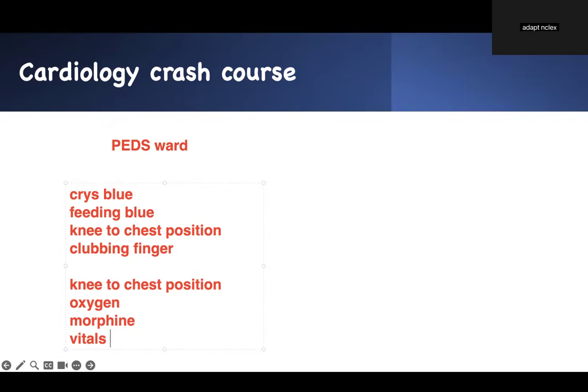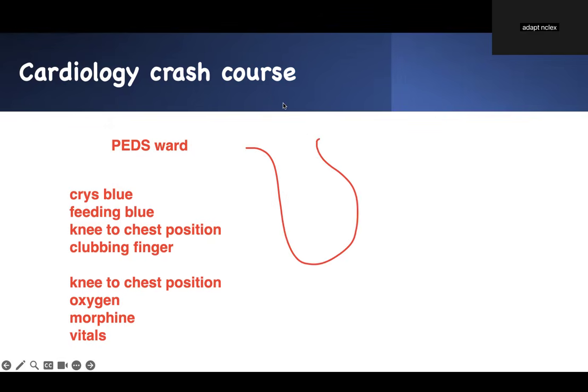And then you say, oh, this is the problem. The kid is probably having what? Why is the kid going into the knee to chest position? It's because I remember there's a defect here, ventricular septal defect, VSD, and there's a blockage of blood going from the heart to the lung.